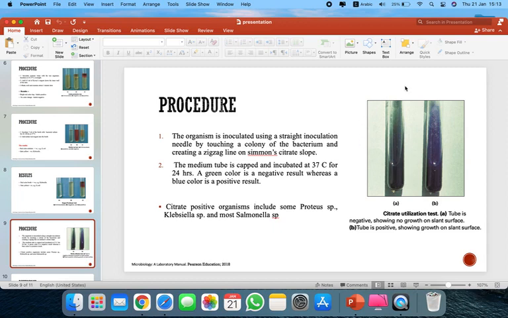Then I inoculate my bacteria and incubate it at 37 degrees for 24 hours. If I have a green color it means negative, and if the color has changed to blue, it will be positive. Citrate positive organisms include some Proteus species, some Klebsiella species and most Salmonella species.